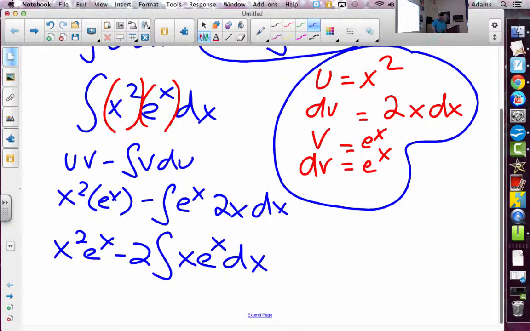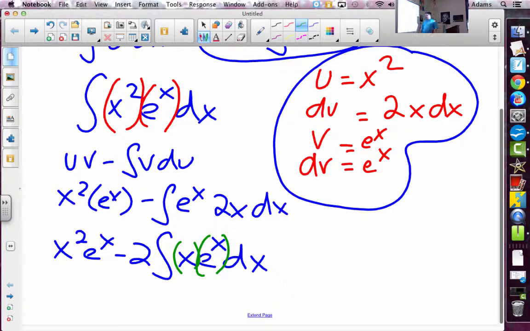Now the interesting thing about this, what do you notice about that antiderivative? It's integration by parts again. So in example number 1, we got lucky because we could take the antiderivative of this stuff. But here again, we run into the problem, well, how do I take the antiderivative of that? Well, notice that I have this and this.